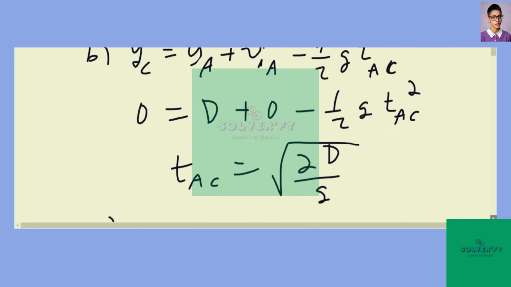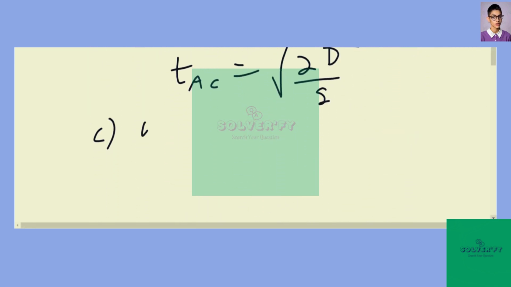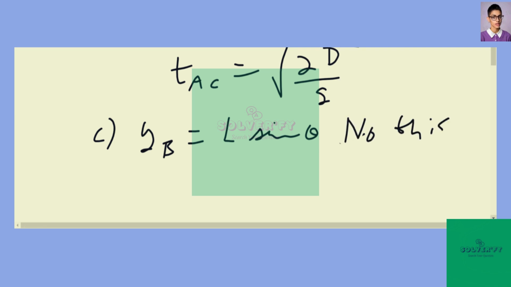For part B, we're not following y sub b, which is equal to L sine theta. We're following L. This is our motion, our 1D whirl, if you will.